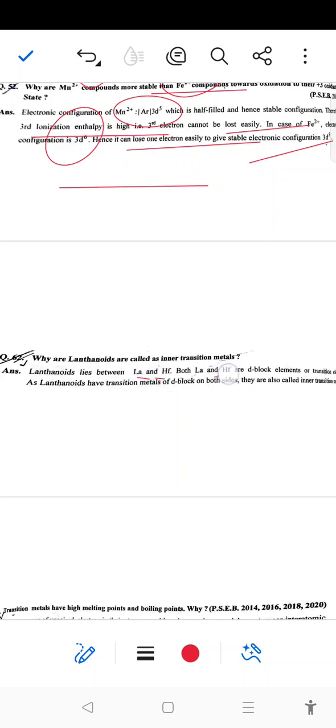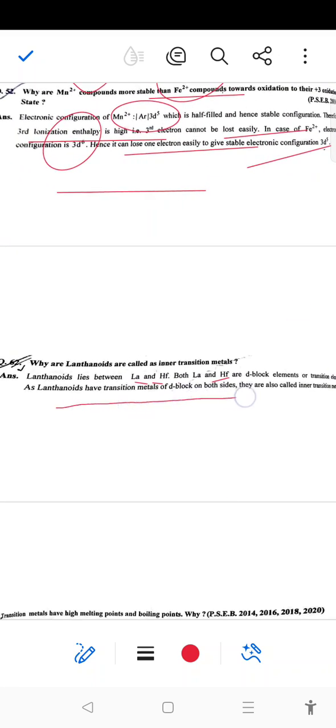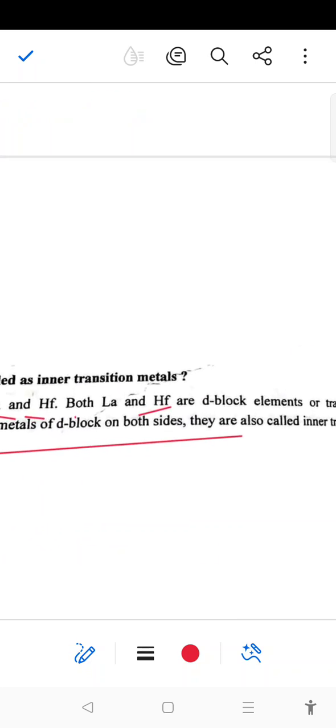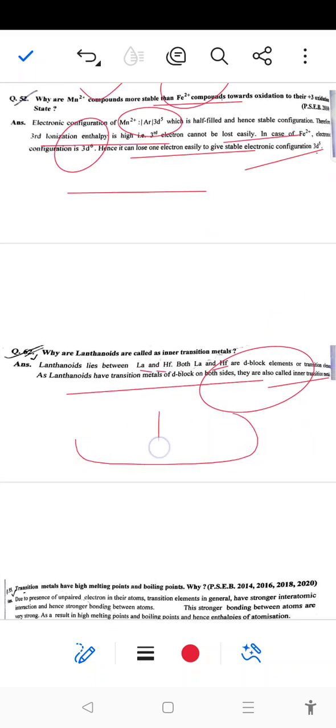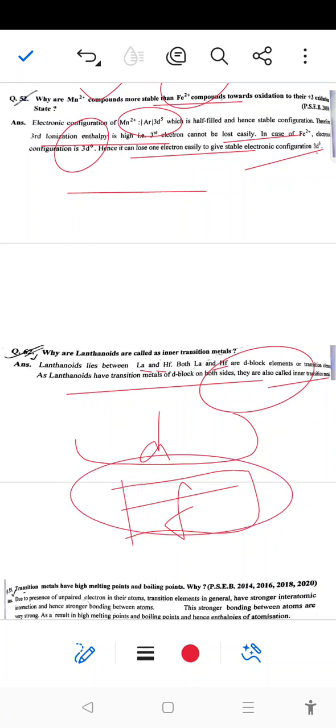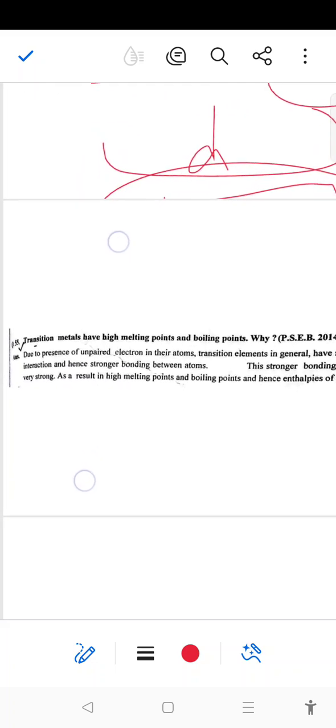Both lanthanum and hafnium are d block elements or transition elements, as lanthanides have transition metals of the d block on both sides, and they are called inner transition elements. The f block elements lie below the d block elements, so that's why they are also called inner transition elements.